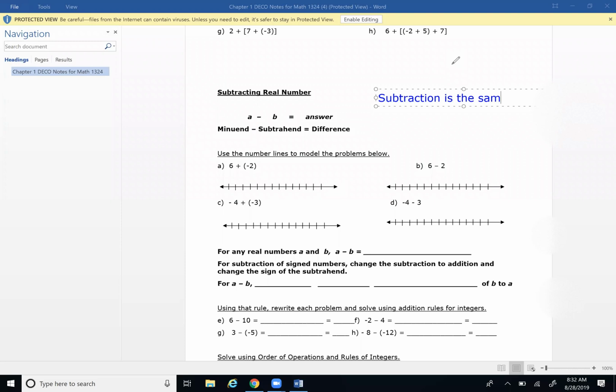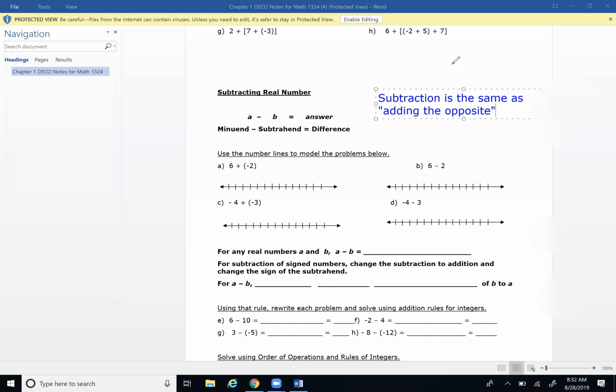is the same as, and I'm going to put this in quotes, adding the opposite. Now, here's what I mean by that. The opposite means the opposite sign. So if a number was positive and I am going to have a subtraction sign in front of it, I'm going to change it to a plus, and I change the positive sign to a negative.